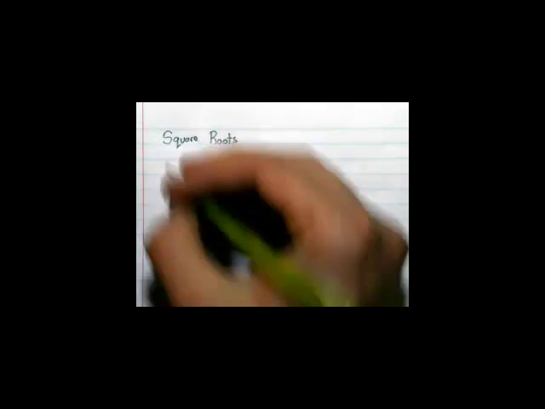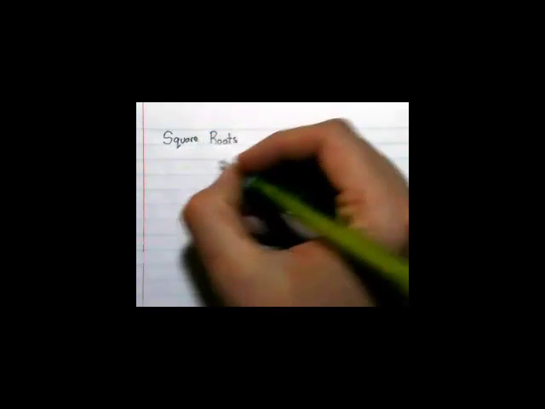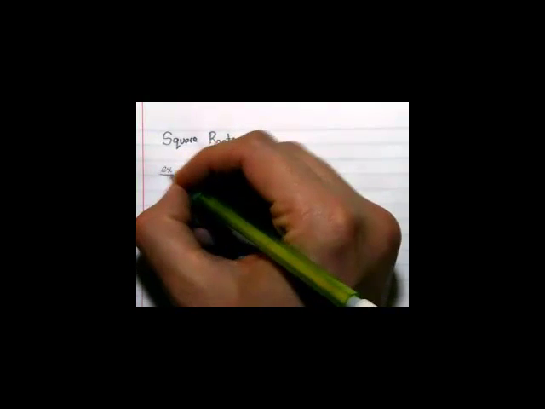The only thing you really need to remember on this one is you need to get the square by itself. It's called isolating the square. Let me give you an example of what I'm talking about.